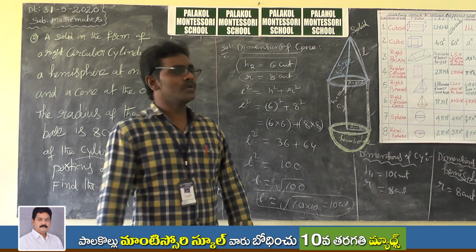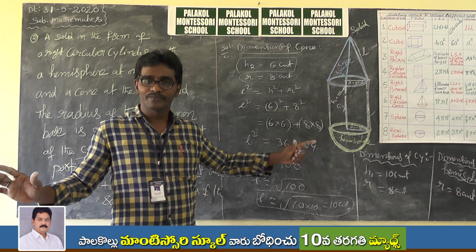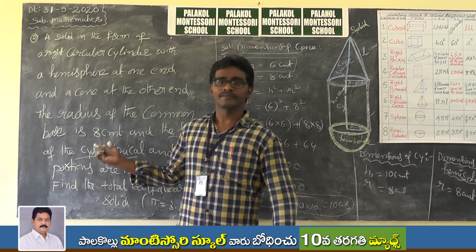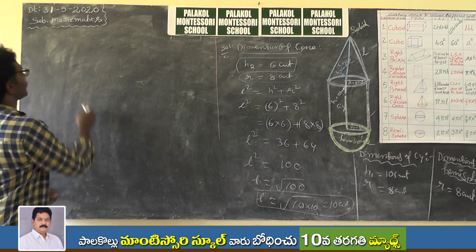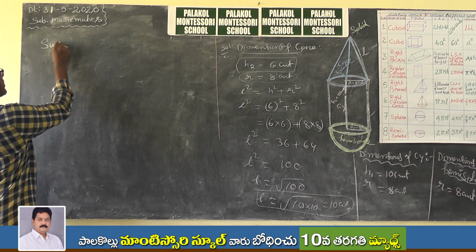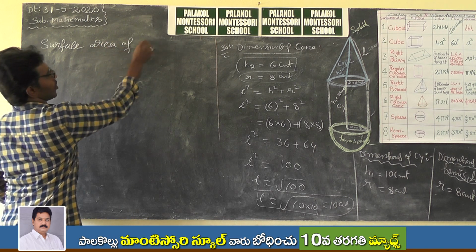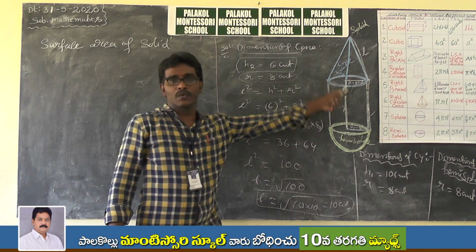Okay guys, so all the measurements of this combination are ready. It is very easy, all of this is given in the sum. Now you do the work on the solid. Yes, surface area of the solid. It is a combination of these.